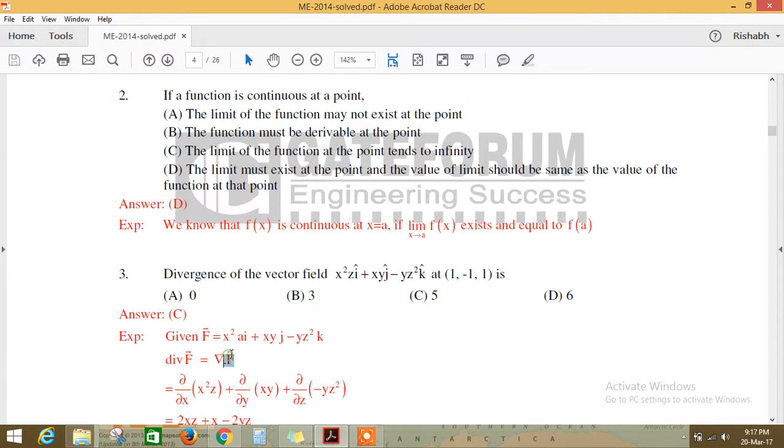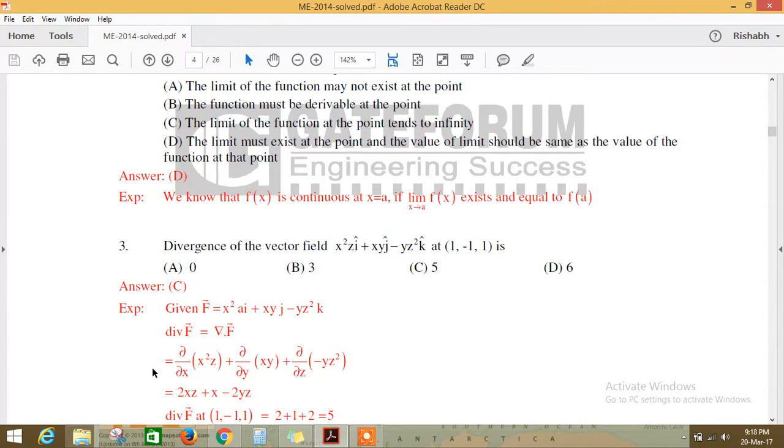This F is a vector field. Divergence is always taken of a vector field only, not of a scalar field. And what is this del operator? Dou by dou x plus dou by dou y plus dou by dou z. If you take the dot product, you will get it in this way.